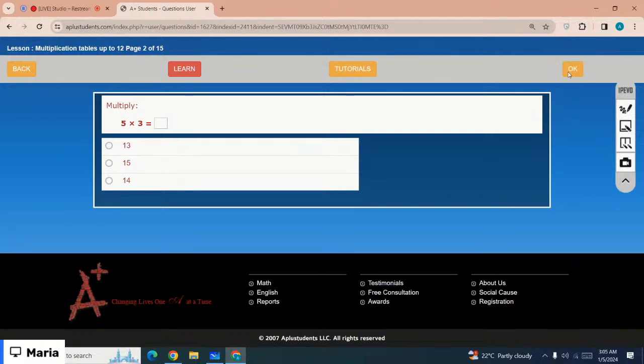Okay, 5 times 3, which is the correct option? We are given 3 options: 13, 14, and 15. Yes, very good. 5 times 3 equals 15. The correct option is 15. Got it?